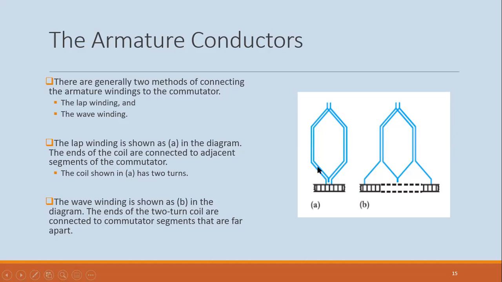So each coil has one conductor connected to, let's say, this section of the commutator, and then the other end, this actually is a two-turn coil, is connected to the adjacent segment of the commutator. So that is for the lap winding. For the wave winding, the two ends are connected far apart, so the segments to which they are connected are far apart.